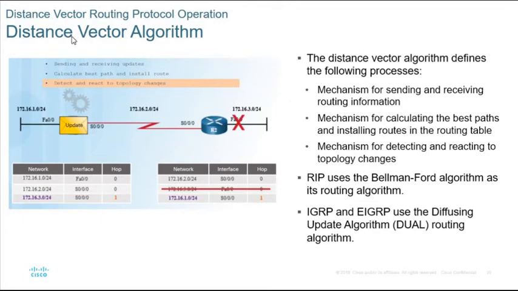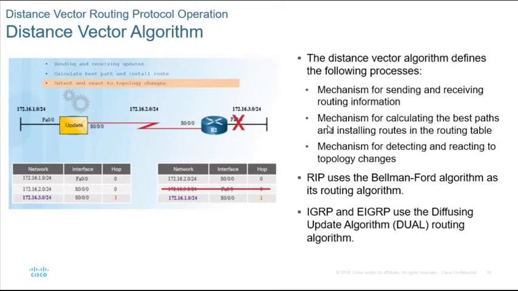So let's start off with the distance vector algorithm. The distance vector algorithm defines the following processes. Number 1, the algorithm provides a mechanism for sending and receiving routing information. How they receive and send routing information depends on what algorithm they use.